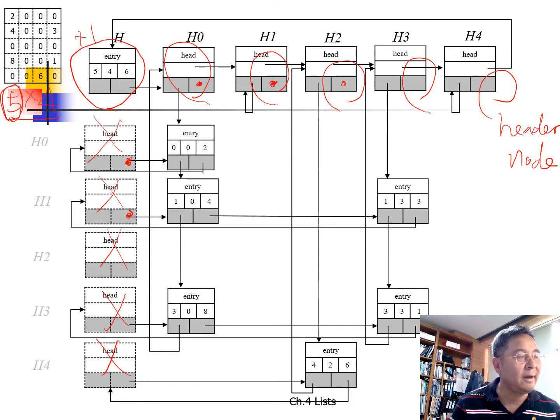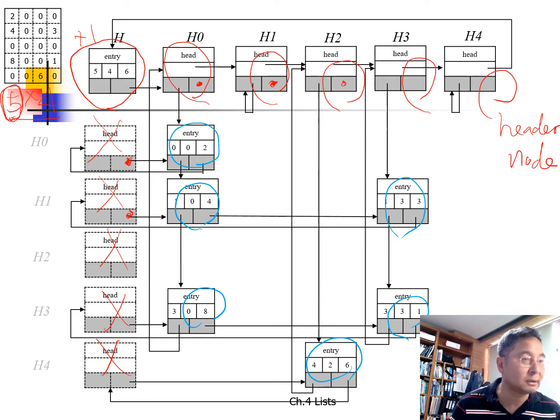Okay, and how about the entry nodes? Entry node, I will change the color of the pen. Okay, so these are the entry nodes. Entry nodes 1, 2, 3, 4, 5, and 6.